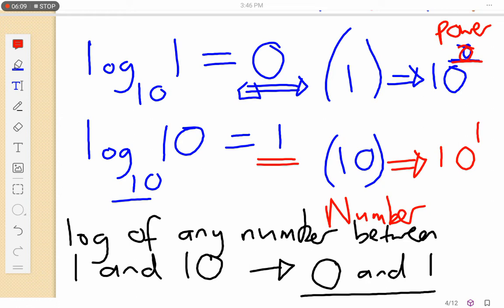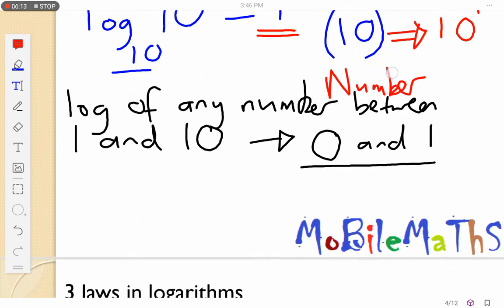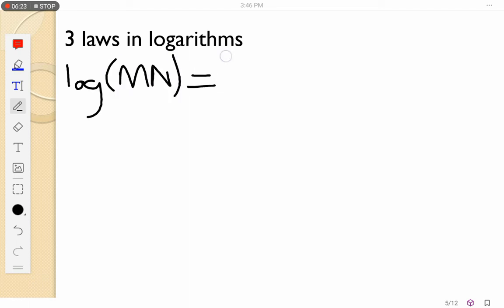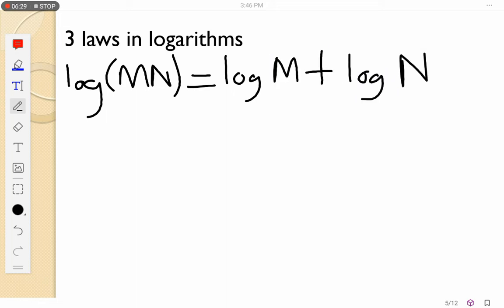Before we do examples, let me introduce some laws that we have in logarithms. Okay, we have got 3 laws. The first law is this: log mn is the same as log m plus log n. Okay, I'll leave the gap.